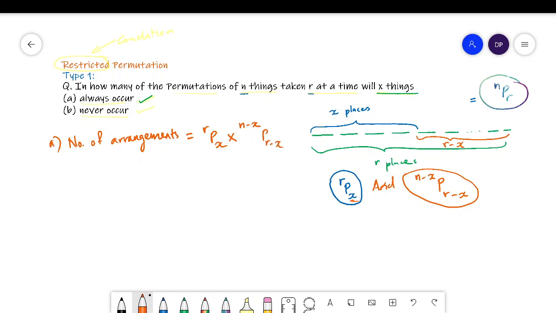So this is the number of permutations that can be made by taking r things from n things when x things always occur.